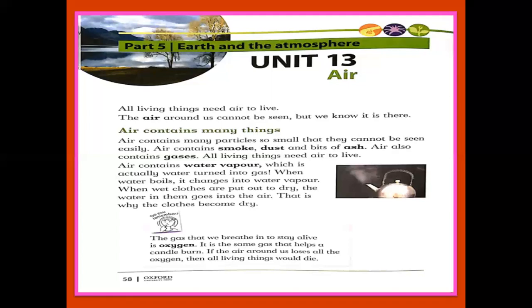Also, when we put wet clothes in the sunlight to dry, the water from these clothes goes into the air. That's why the clothes become dry, and these vapors add into the air. Understand? So this is the composition of air.